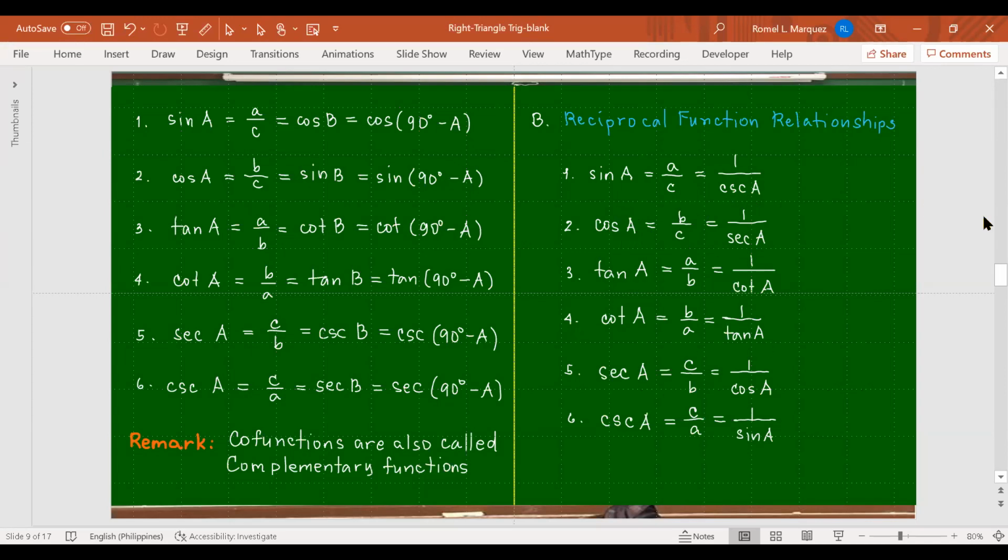Sine A and cosecant A are reciprocal functions. Cosine and secant, they are reciprocal functions. Tangent and cotangent. But be sure their angles are equal. Unlike cofunctions, where the angles are complementary angles, in reciprocal functions it is the same angle. For cofunctions, such as sine and cosine, the angles must be complementary.